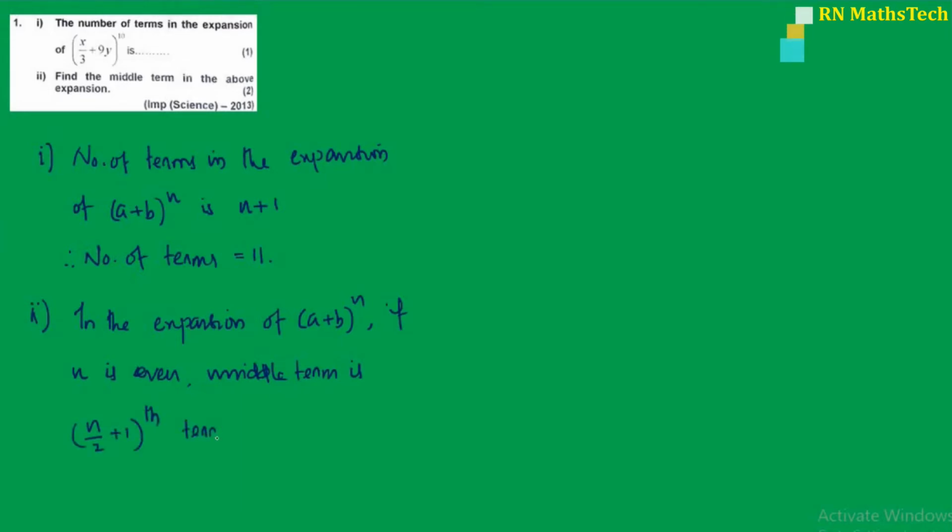Here, 10 by 2 plus 1, that is the sixth term, is the middle term. So we have to find the sixth term.